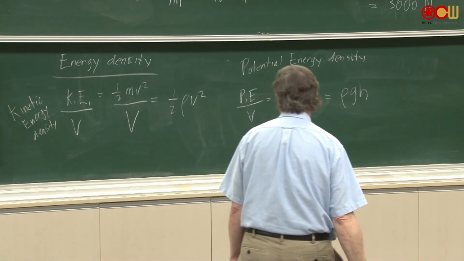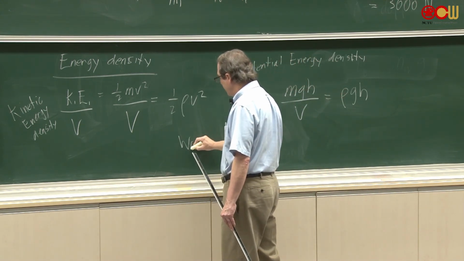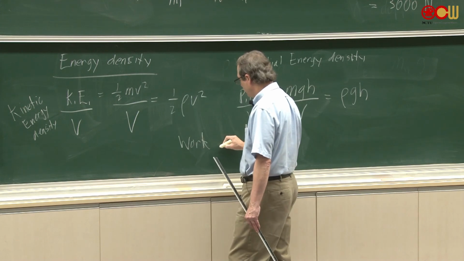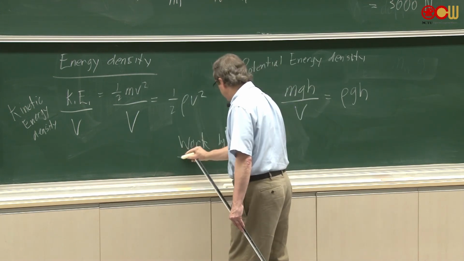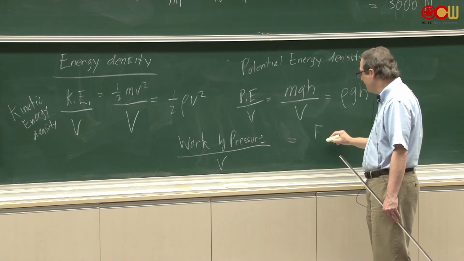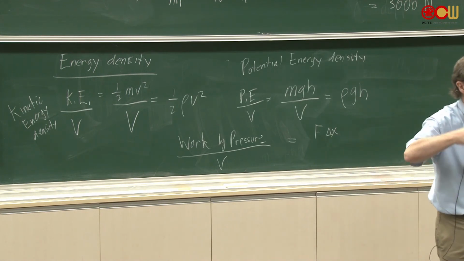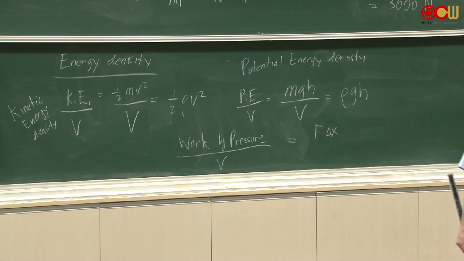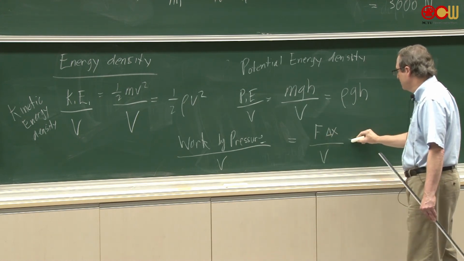All right, the third thing we might want to know is how much work is done by the pressure. And we also want to divide that by density. You know, work is F times some little delta x, right? Force times distance. You divide by v to get the density of that work.